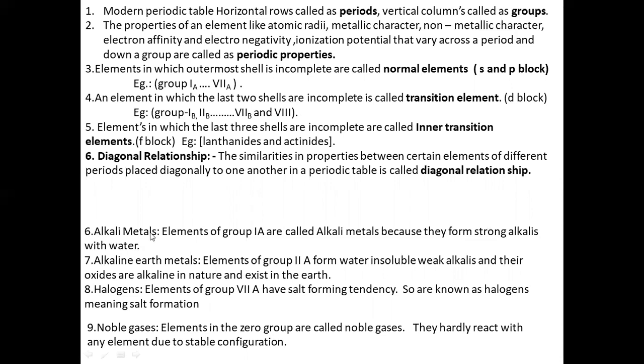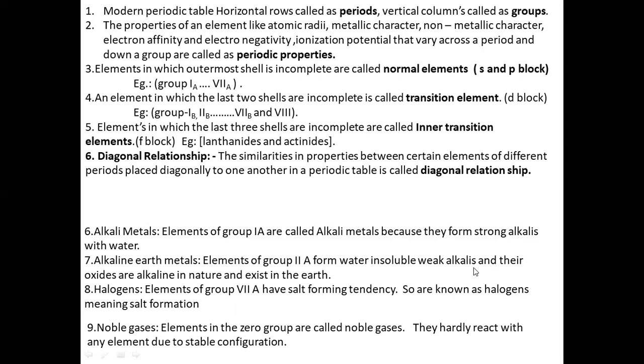Then comes alkali metals. As I told you before, 1A group, the first group, are called alkali metals because they form strong alkalis with water. We'll see what alkali is in the acid, base, and salt chapter. Whereas second group elements are known as alkaline earth metals, which are water insoluble.